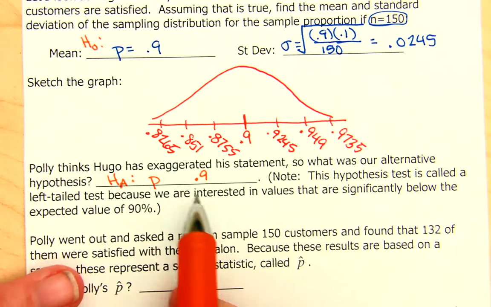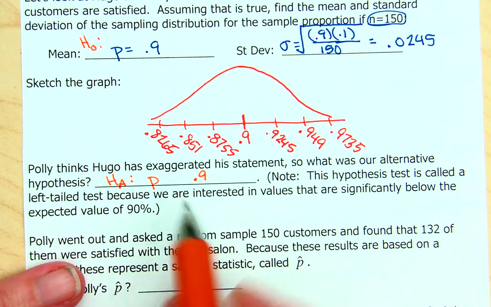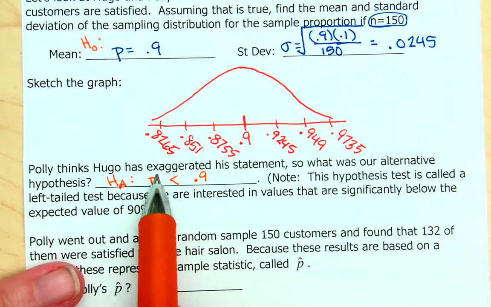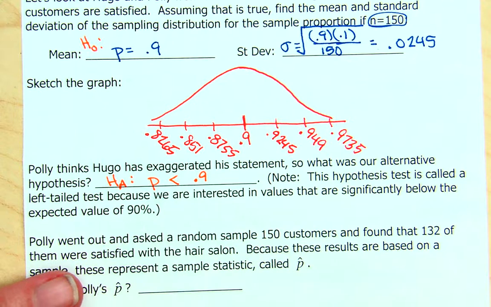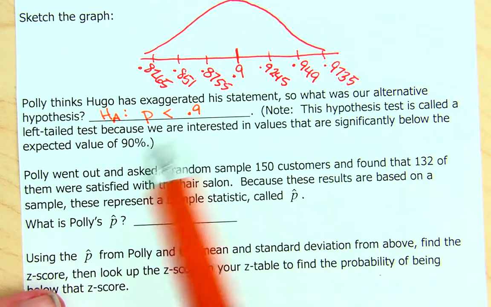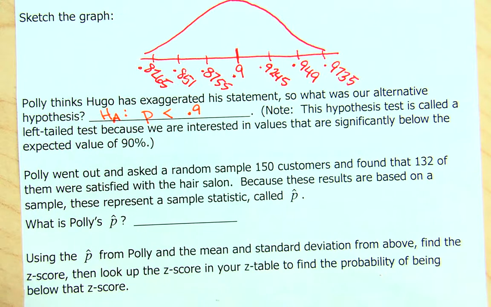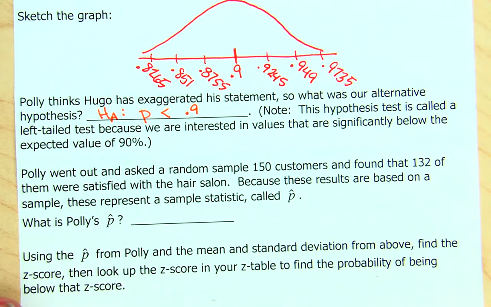So what type of inequality are we going to write for H sub A? Less than. Because she thinks it's an exaggerated view, so she thinks it's actually less than what he claims. So this would be called a left tail test because we're looking left of this number. So it would be a one-tailed left tail test.